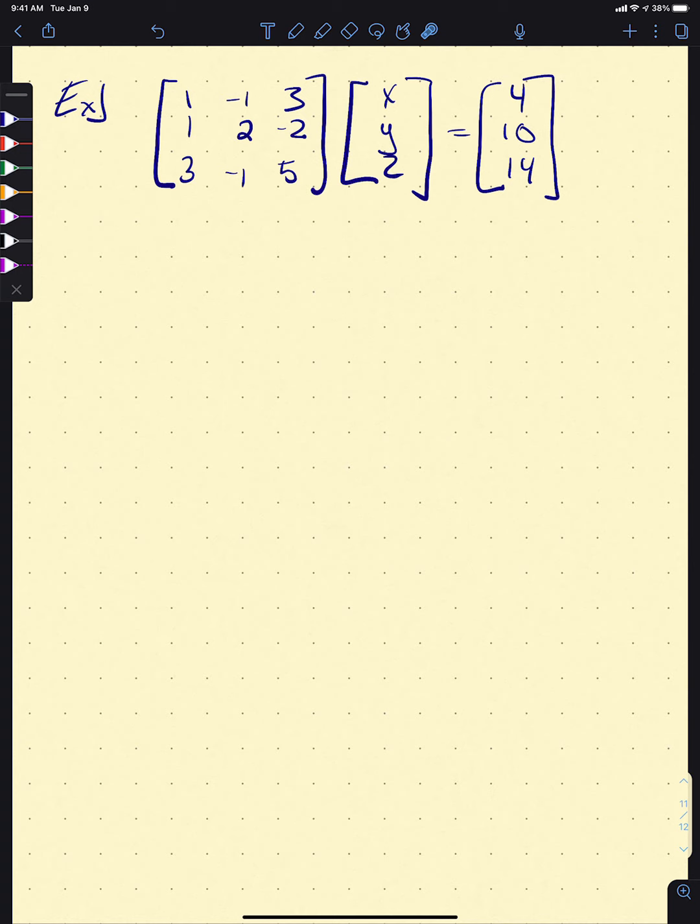When I do this multiplication right here, what does that matrix turn into? Well, what are we going to get? We're multiplying a 3 by 3 matrix times a 3 by 1 matrix. So our output is going to be 3 by 1. And this first entry here is found by taking the inner product of this row with this column. Okay, so it looks like it's going to be x minus y plus 3z.